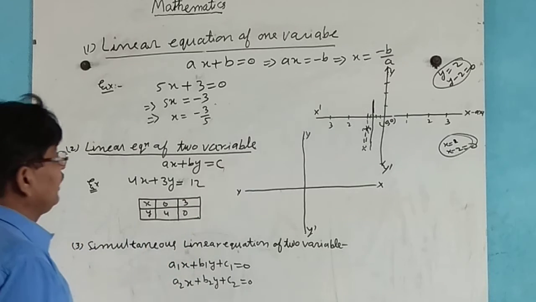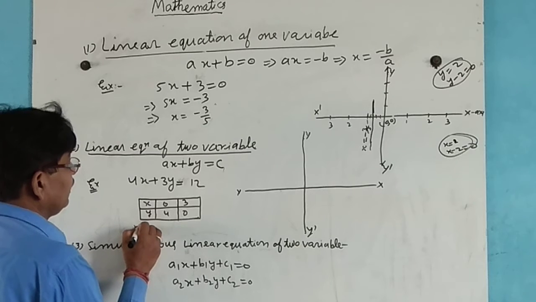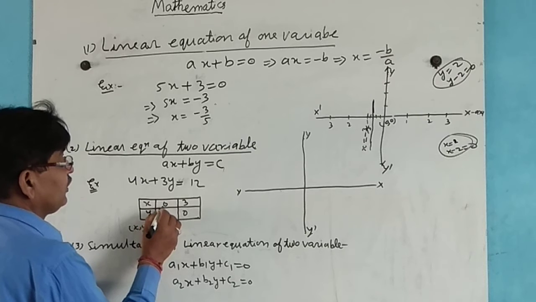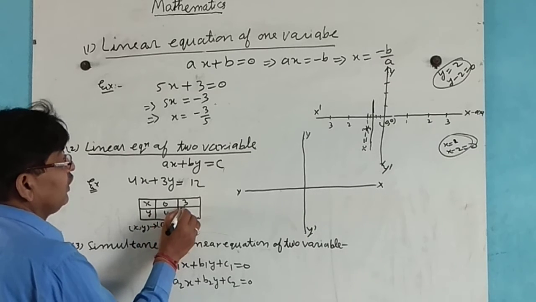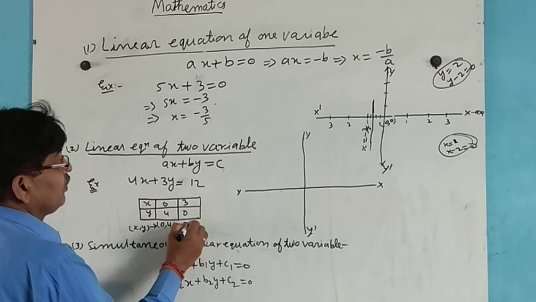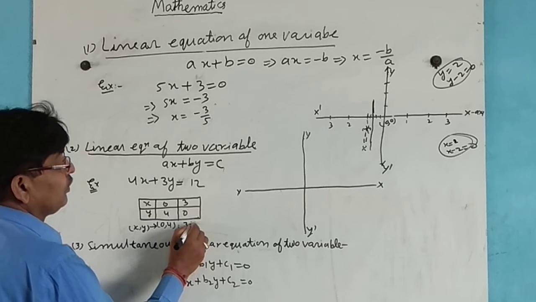After that, we plot this on the graph. Coordinates (0, 4) and (3, 0).